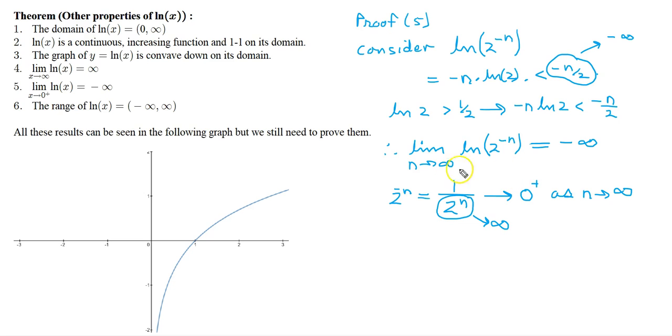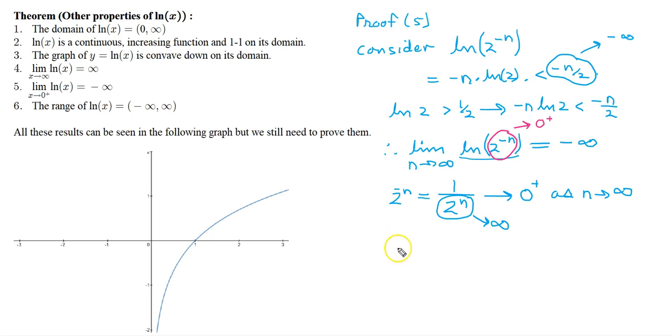So therefore, looking back up here, as n approaches positive infinity, this quantity is approaching negative infinity, but what's inside here, the 2 to the negative n, is actually approaching 0 from the right. So therefore, if we just replace this with an x, and we let x approach 0 from the right, that limit must be negative infinity.